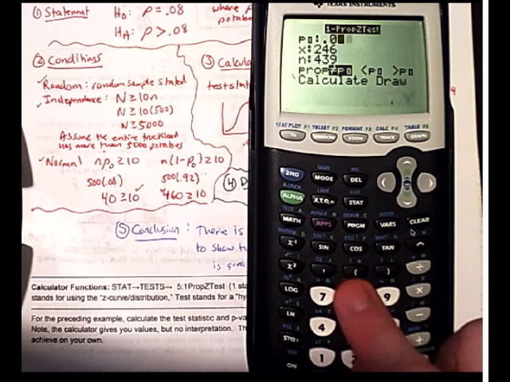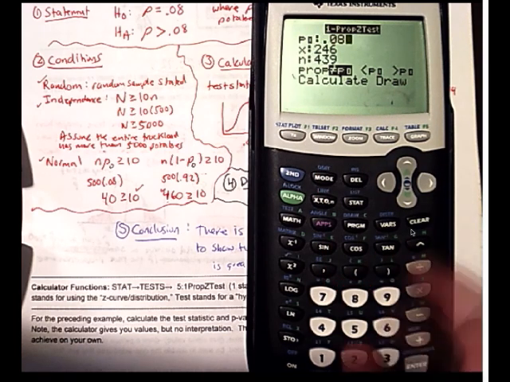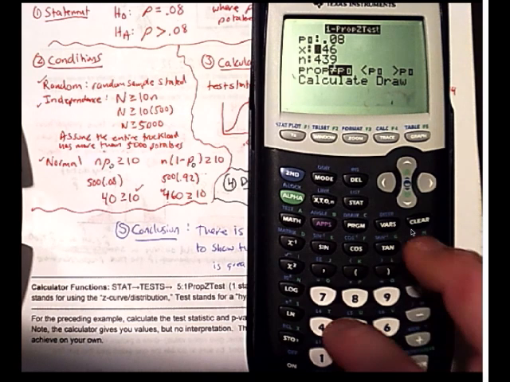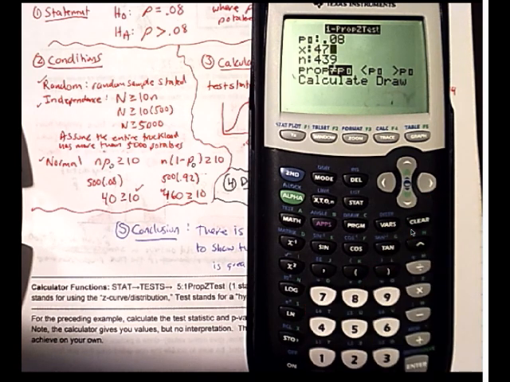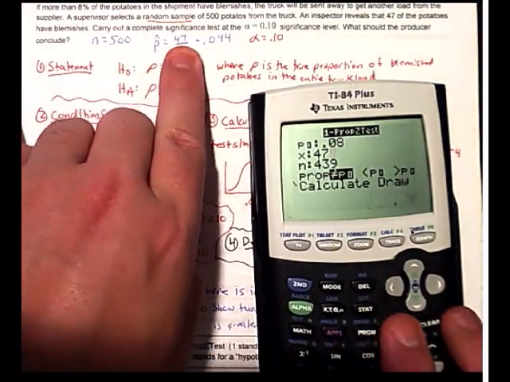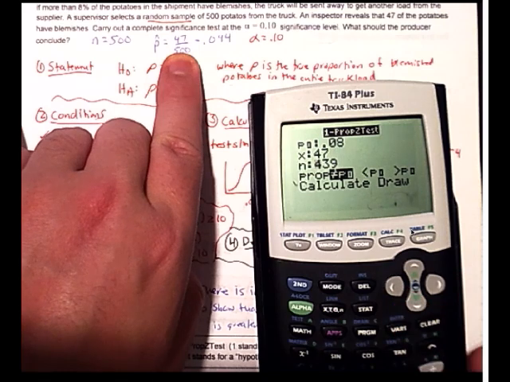Well, it's 0.08. How many blemished? X is the number of successes, or blemished potatoes, we got. We got 47. That comes from this data up here. Then it's asking me what the n is, the sample size: 500.